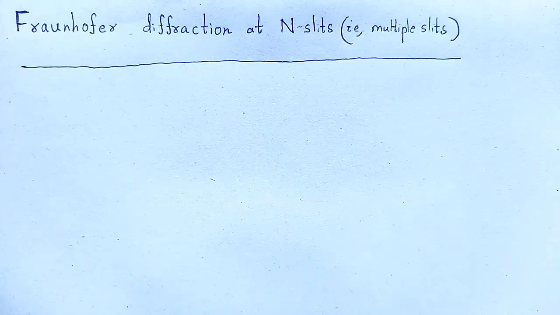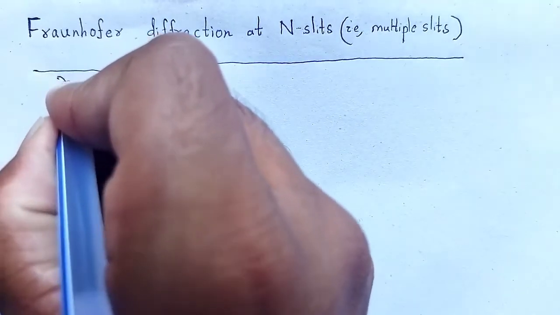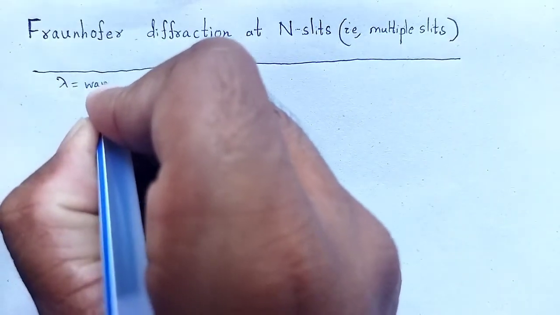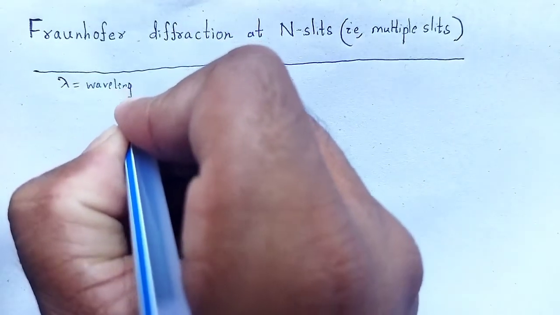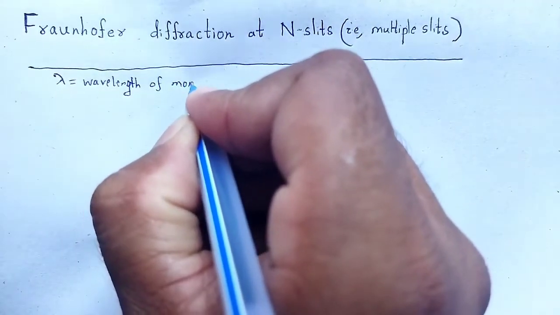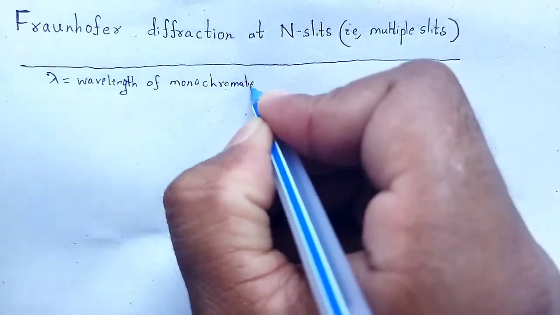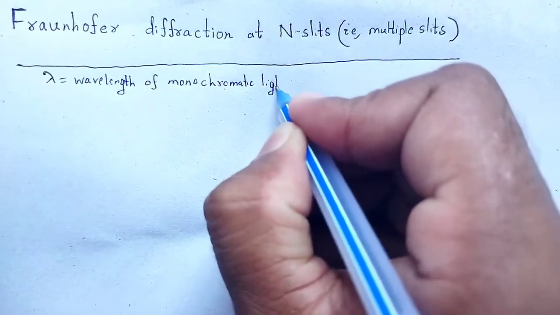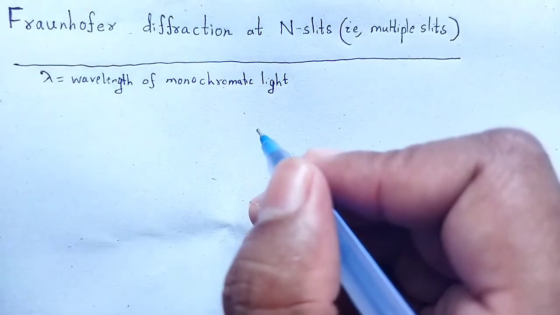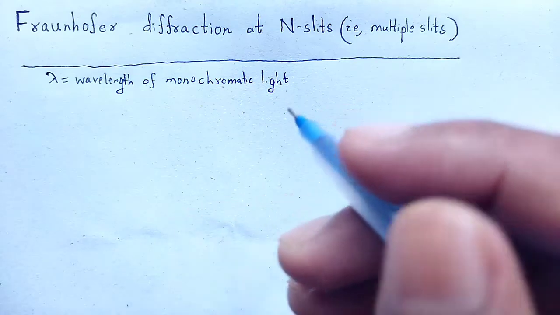Let a parallel beam of monochromatic light having wavelength lambda be incident on n parallel slits.